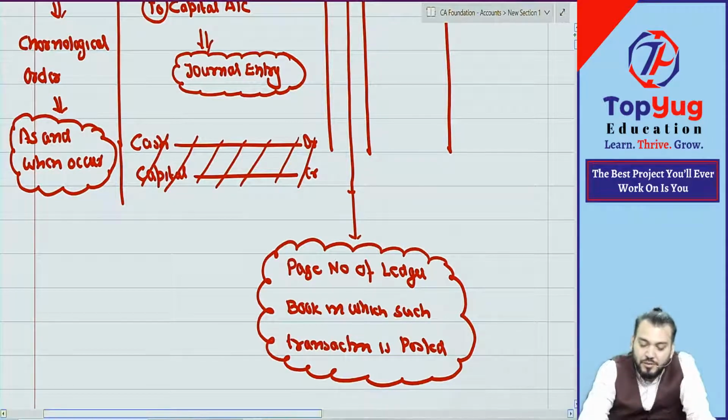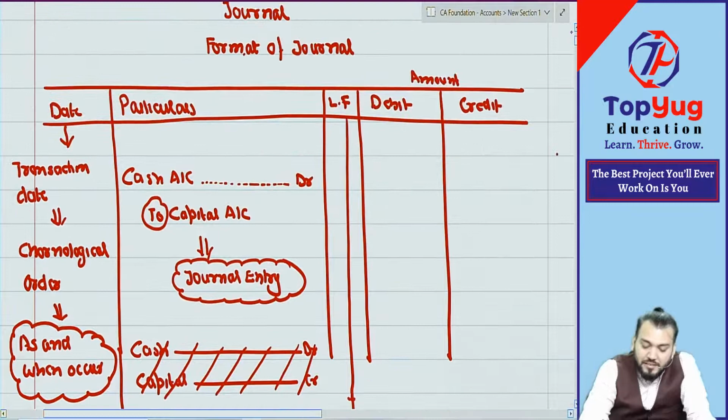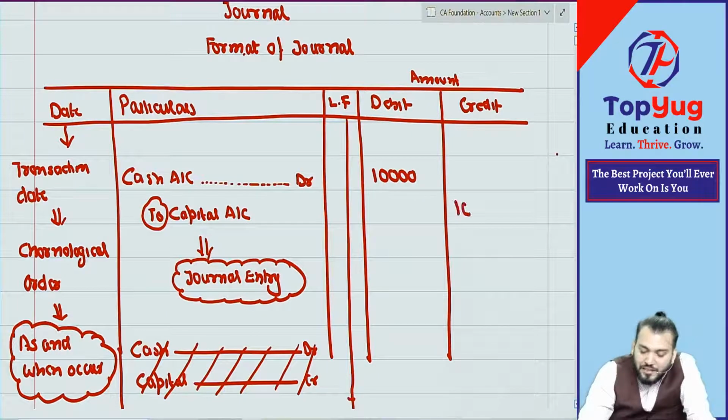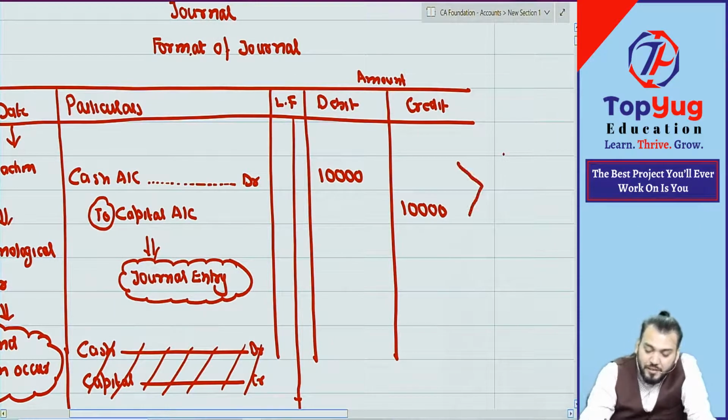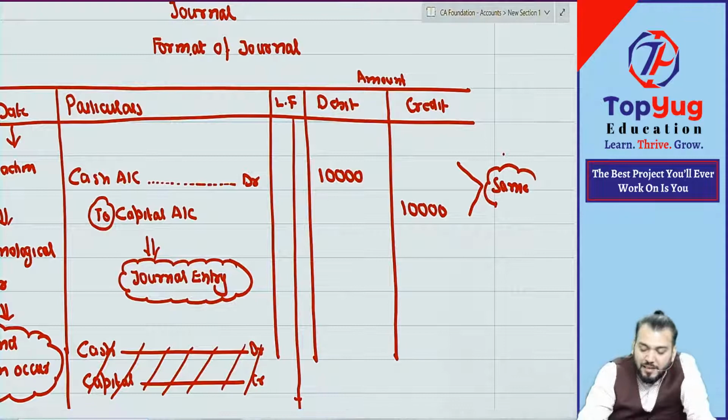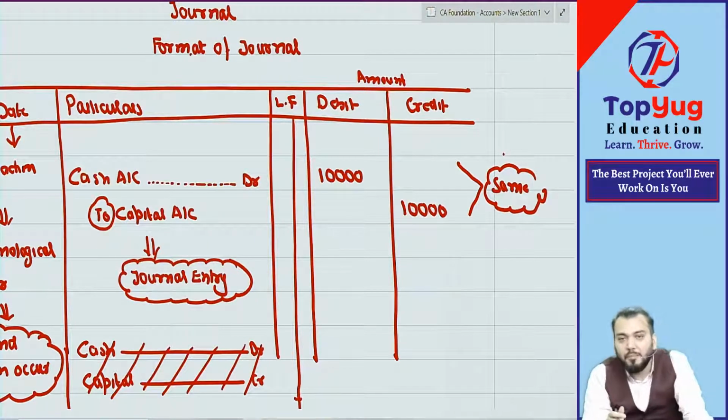Understood? Then can I say the amount debited will be written inside, and the amount credited will also be written on this side. And can I say these two amounts should always be the same?